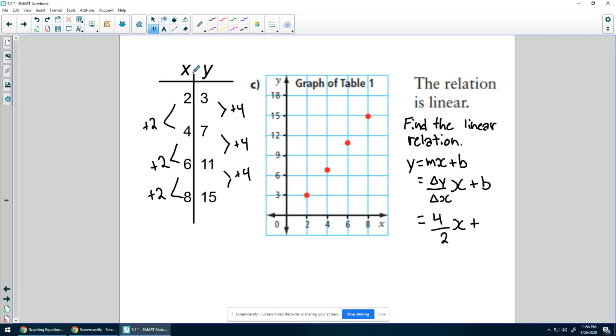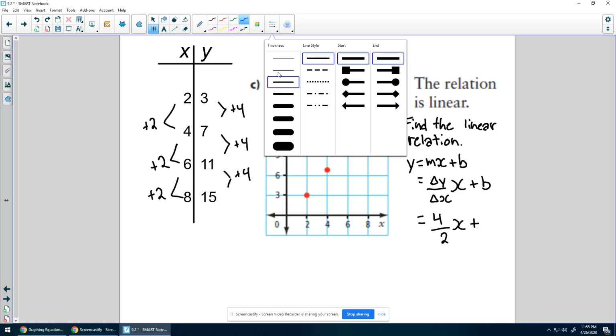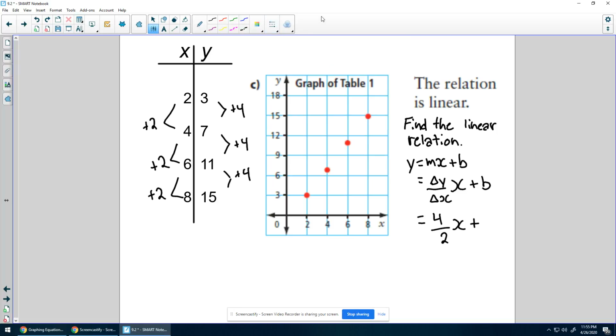B is the y-intercept when x is 0. It's not given to us here, but if we were to have a spot in our table, so let's just move this up a little bit, if I left a spot for that information here, I want to know when x is 0, what is y?